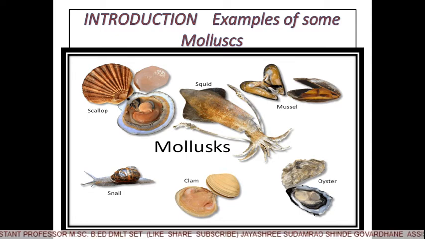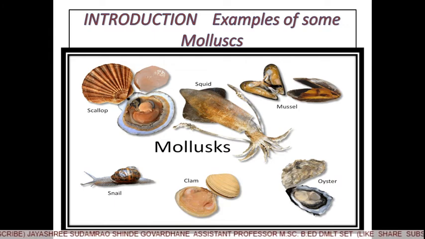Due to the presence of a hard calcareous shell, phylum Mollusca shows a higher rate of survival as compared to other phyla. The outer covering is calcareous, so it protects the inner body mass.